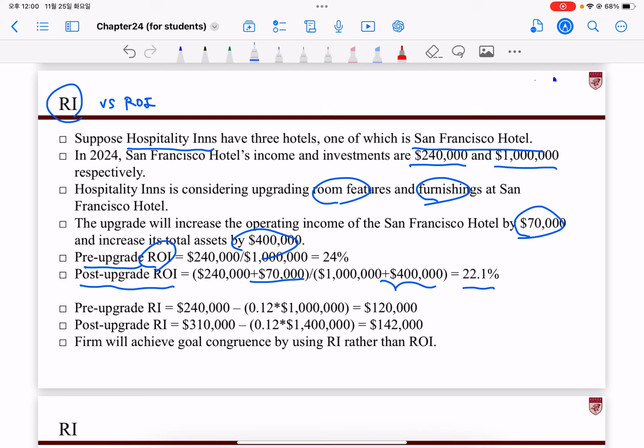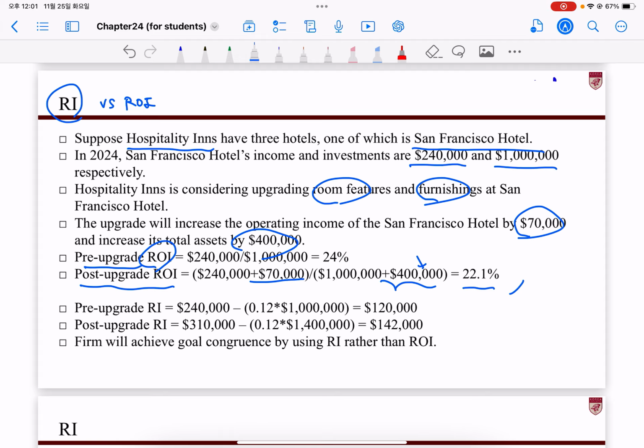And so the post-upgrade ROI is actually less than the pre-upgrade ROI, right? 22.1%. So if we rely on the ROI number, then the manager may say, hey, we shouldn't be upgrading to a new room feature because it's gonna lower our ROI.